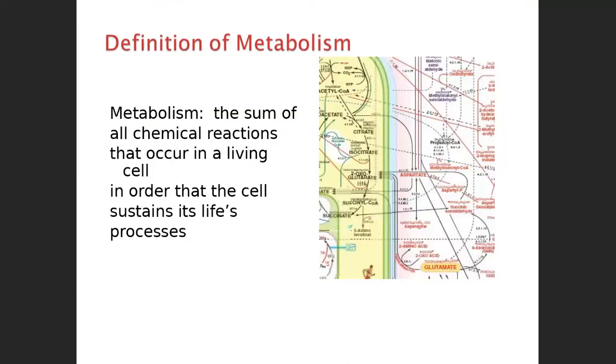We're getting ready, right? Metabolism is the sum of all the chemical reactions that have to occur in the cell in order for the cell to live. Okay? So these things have to happen in order for the cell to survive and live. Every second you are alive, your body is producing ATP, right?